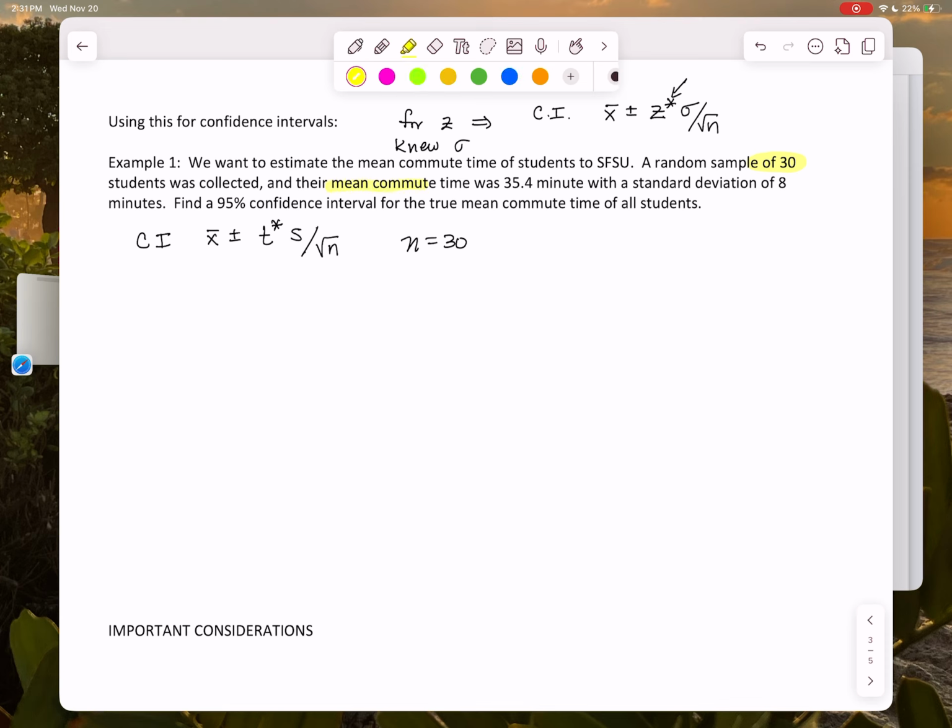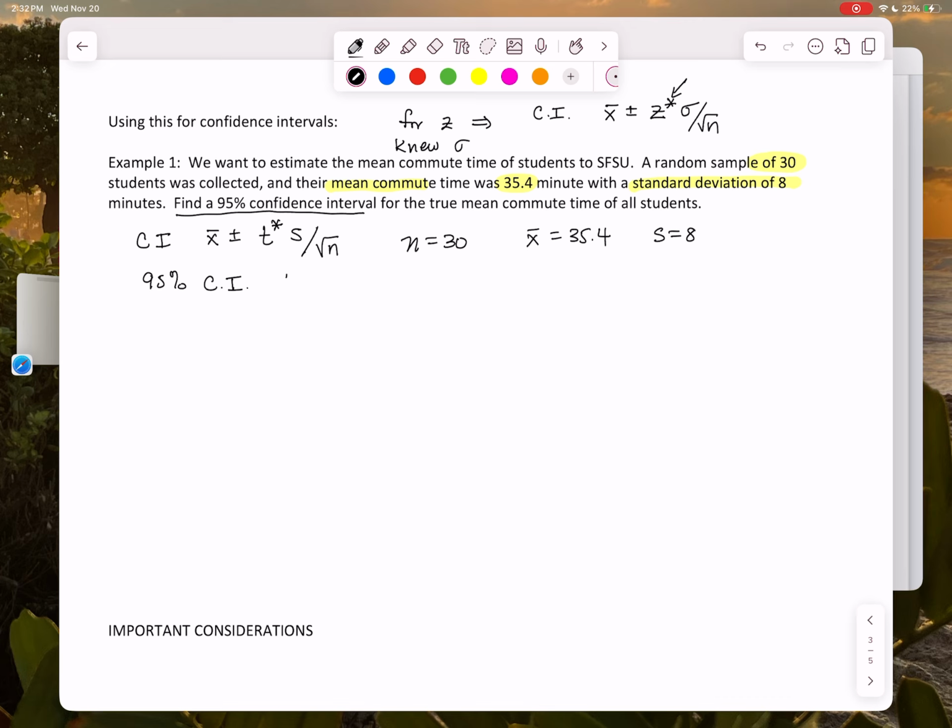The mean commute time was 35.4, so the sample mean was 35.4. And the sample standard deviation was 8. So we want to find a 95% confidence interval.